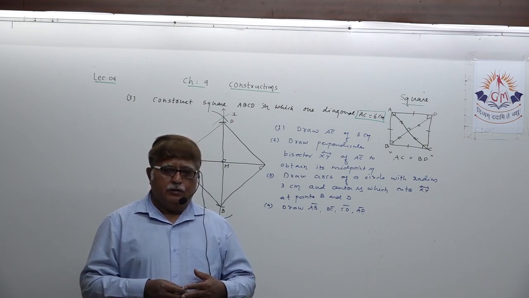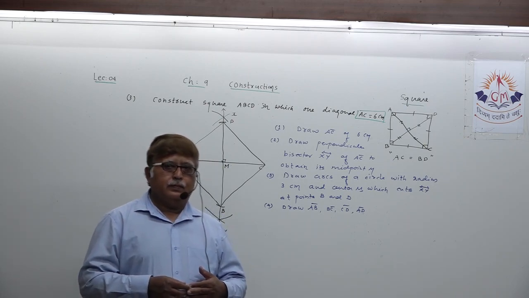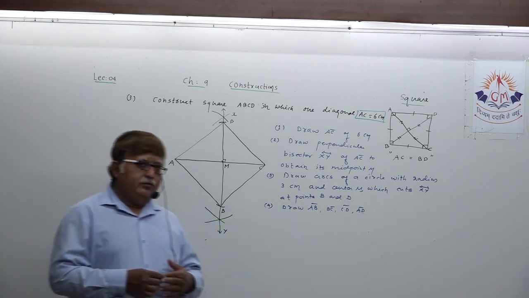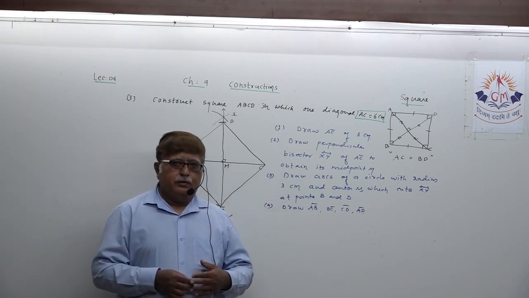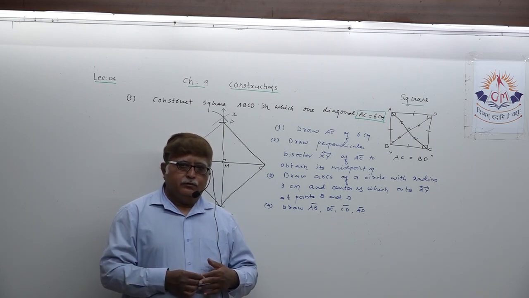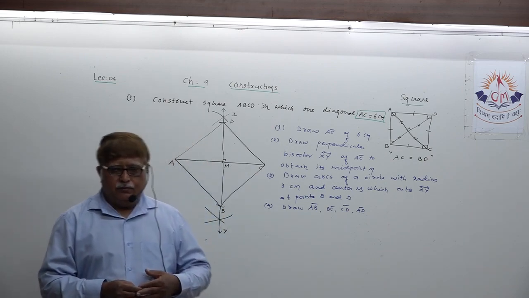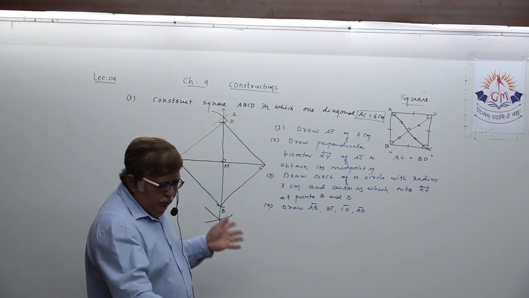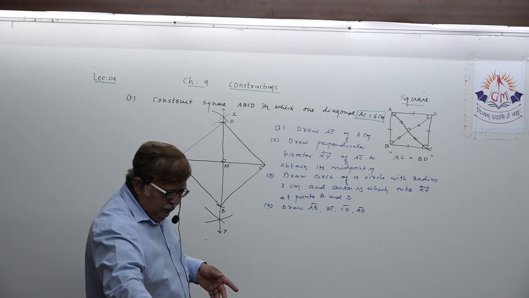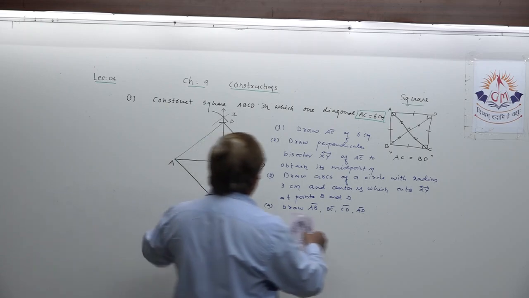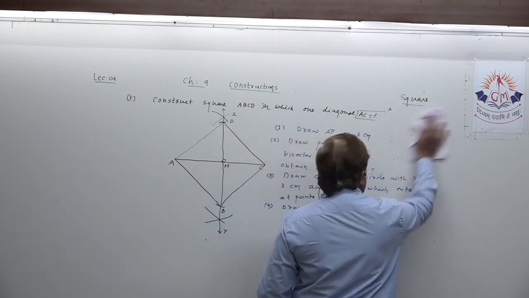We have taken construction of parallelogram, and you have already been explained in detail construction of rhombus. Then we have also taken construction of rectangle under various conditions. Then, as you all know, we have also taken construction of square.